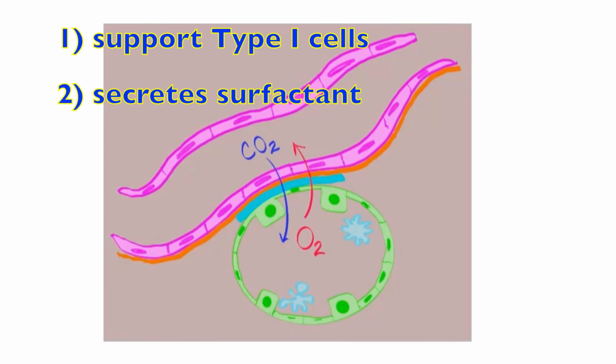Surface tension would be a problem if there were no surfactant. The alveoli are lined with a thin layer of fluid to keep them nice and moist. But the problem with that fluid is it can create surface tension, and it could cause the walls of the alveolus to stick together, which we don't want.